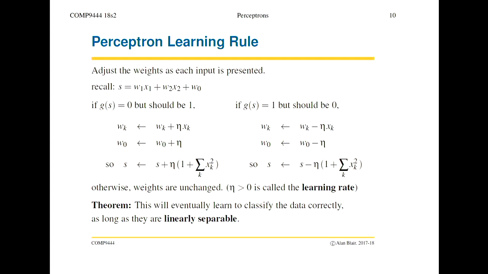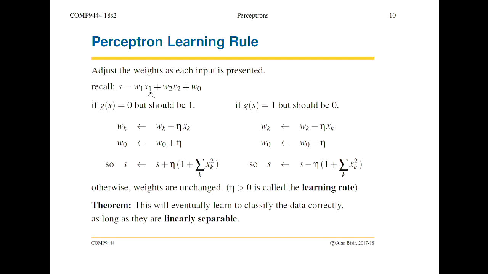So the trick is, instead of just adding a constant to each weight, I add a constant multiplied by that input. And so if I add eta times xk to wk, that means I'm adding eta times xk squared to s. So xk squared is always a non-negative number. So if x1 is 0, I don't bother changing w1 because it's not going to make any difference to s.